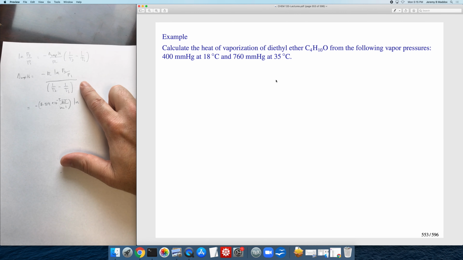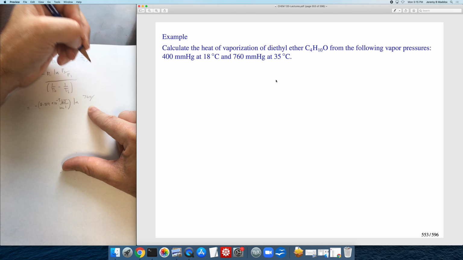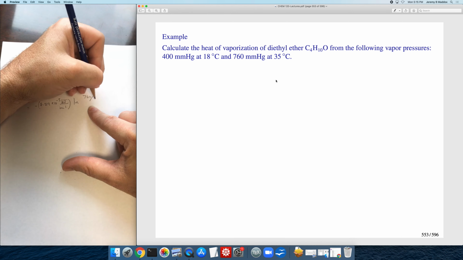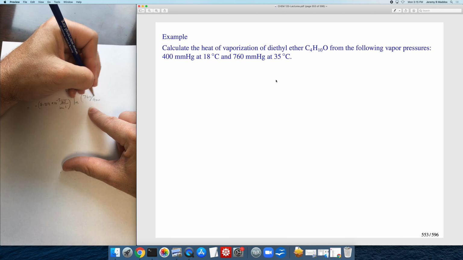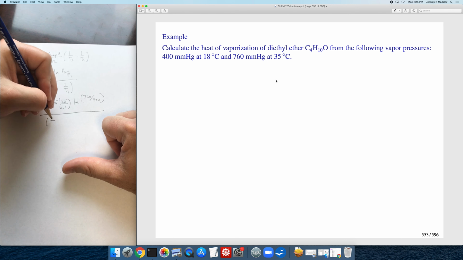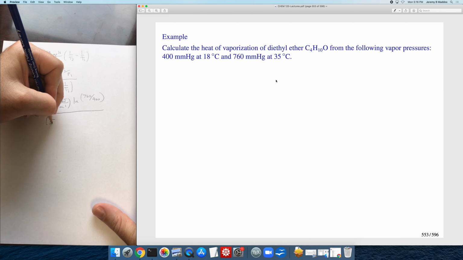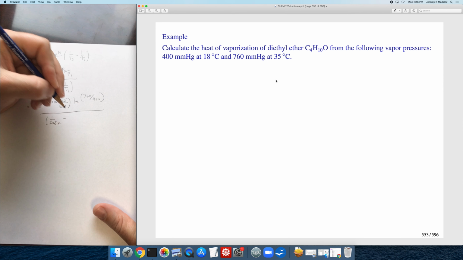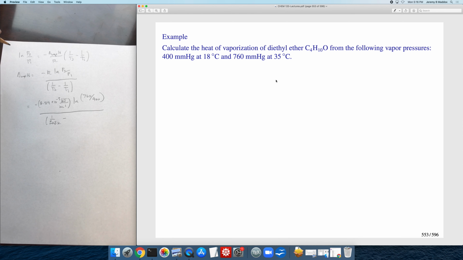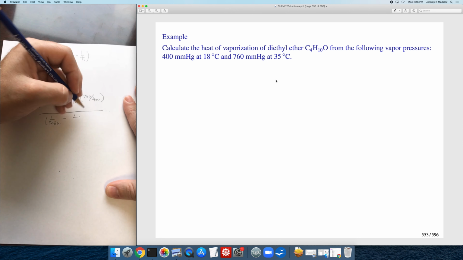So we want P2 over P1, so that's going to be the natural log of 760 divided by 400. And then all of that is divided by 1 over T2, which is going to be 308 Kelvin, minus 1 over 291 Kelvin.